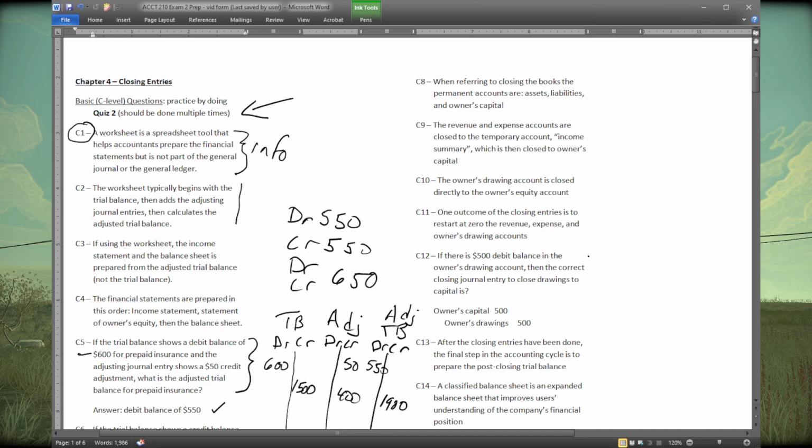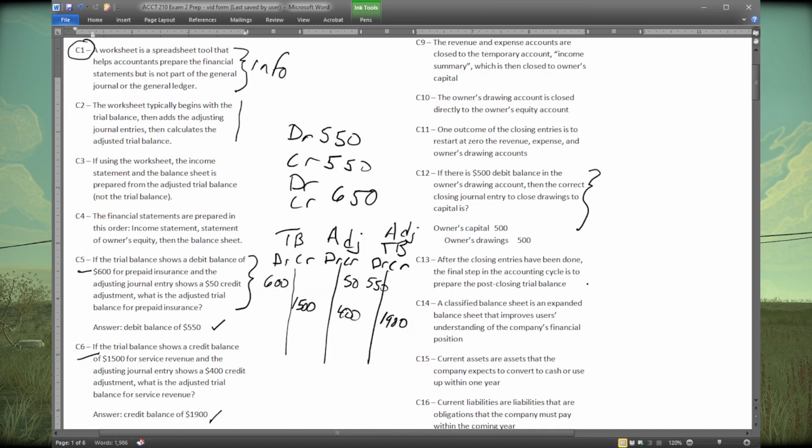Okay, so the other one from chapter 4, that's a C level calculation, or at least, there's something to do. If there's a $500 debit balance in the owner's drawing account, then the correct closing journal entry to close drawings to capital is... Okay, so there are 3 accounts that we need to worry about when closing. We need to close the revenue account, and we need to close the expenses account, and we need to close the drawing account.